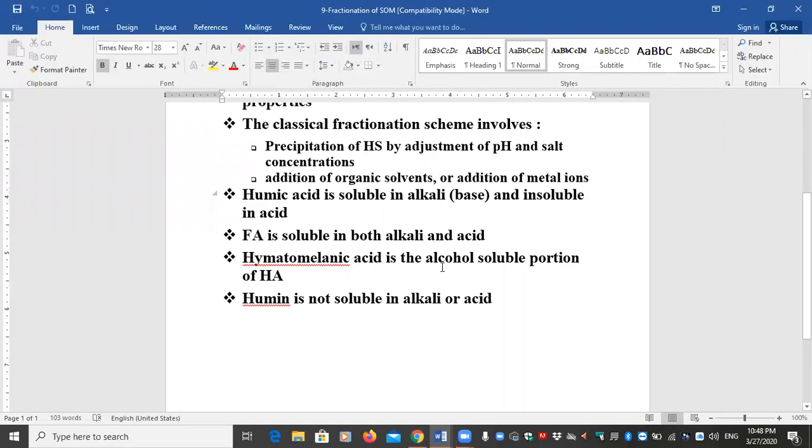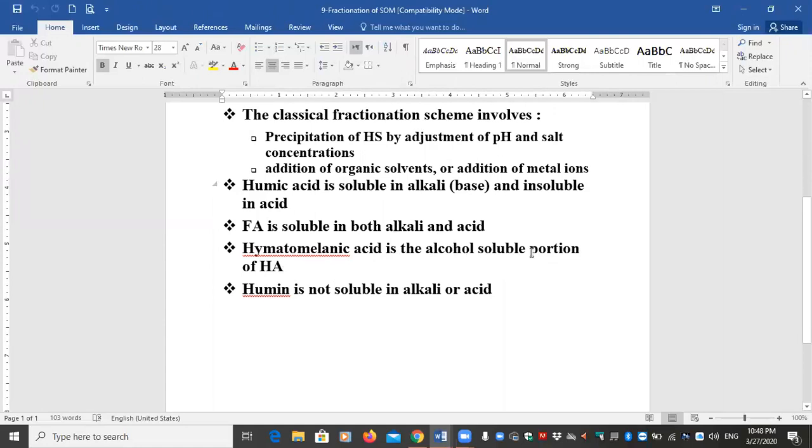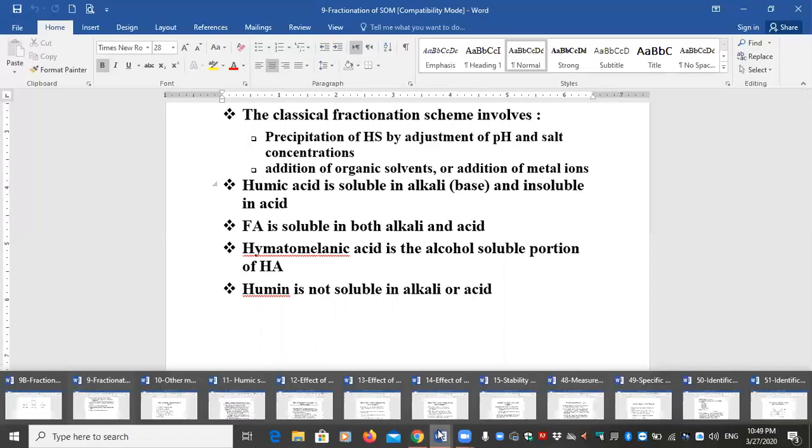Hymatomelanic acid is the alcohol soluble portion of humic acids. So the humic acid also we can fractionate, and the part of it that dissolves in alcohol, which is an organic solvent, that is the hymatomelanic. Then we have humin, which is not soluble in alkali or acid. It does not dissolve in any of those solutions.